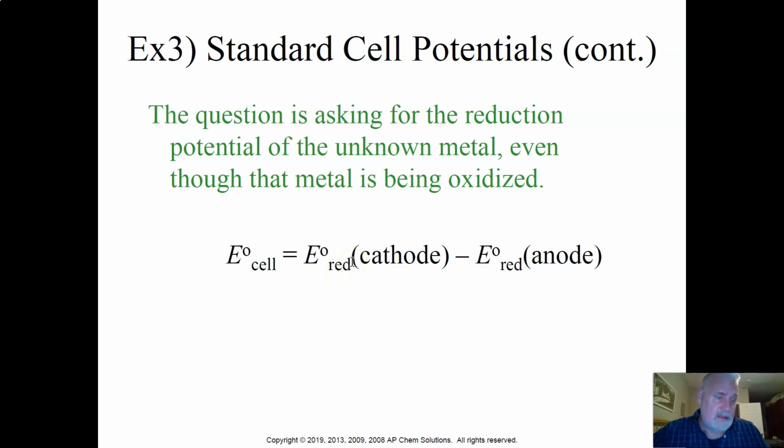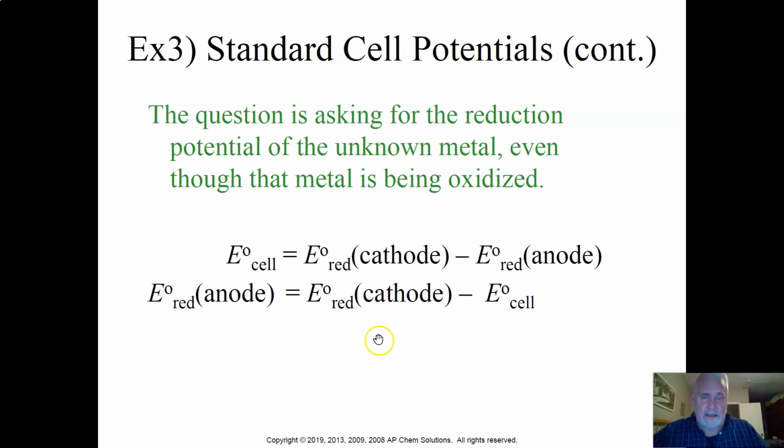There are some metals that are better reducers than silver. Just because we have that little miniature list doesn't mean that our unknown couldn't have had a reduction potential of like 1.2 volts. So that's why I think this is a cleaner way to solve the problem.